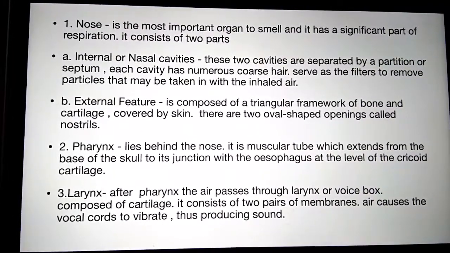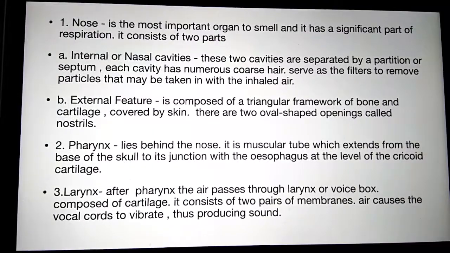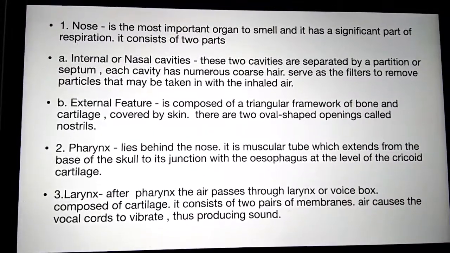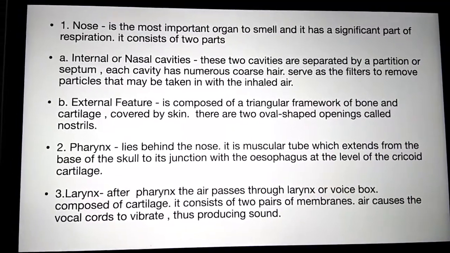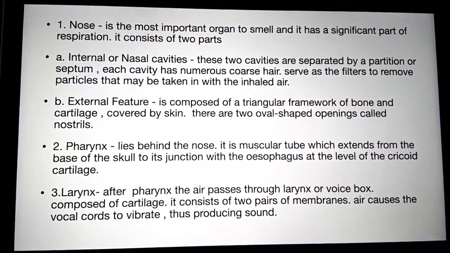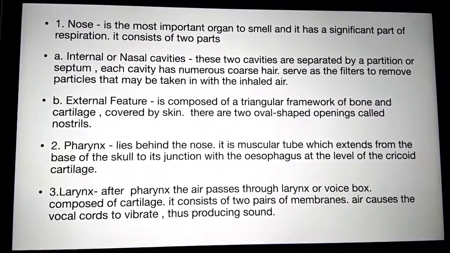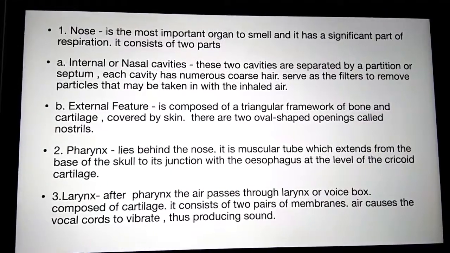Second is external feature. It is composed of a triangular framework of bone and cartilage covered by skin. There are two oval shaped openings called nostrils.